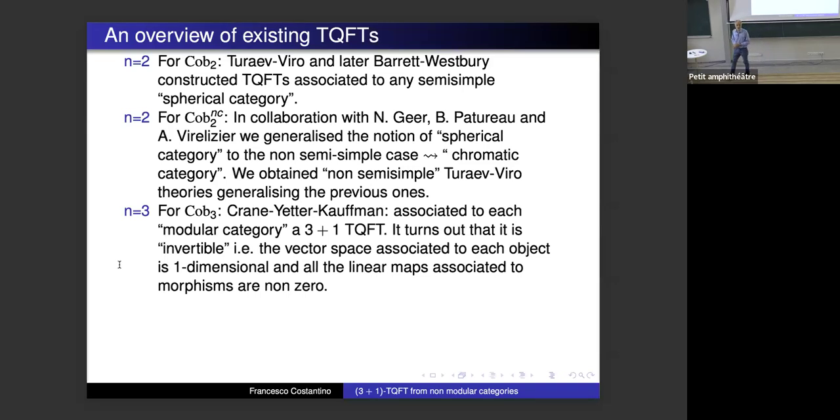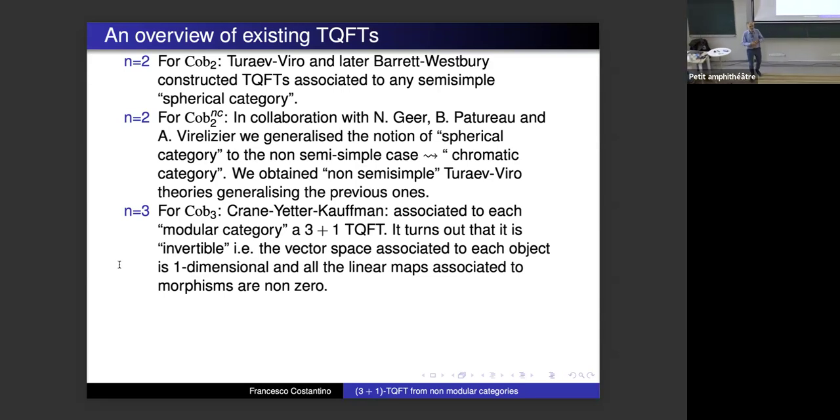What does it mean to be invertible? It means that the vector space associated to each closed 3-manifold is just one-dimensional, and the linear map associated to any 4-dimensional cobordism is an invertible linear map. This is what people call an invertible TQFT.